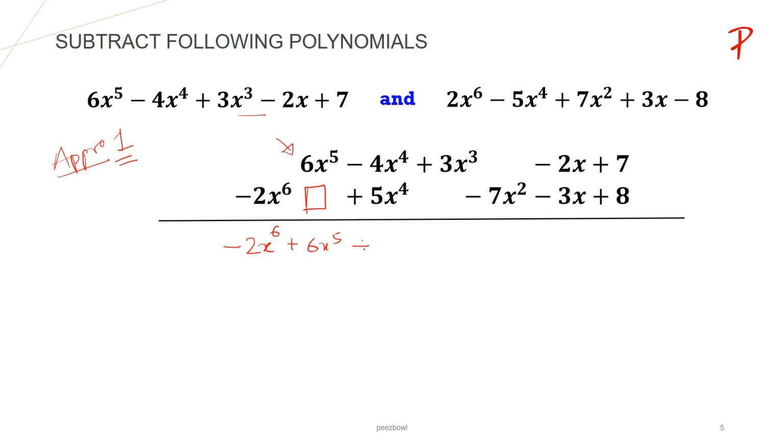Then we had plus x to the power 4 plus 3x to the power 3 because we do not have anything to add here in the second polynomial. Then minus 7x square, this term is missing in the first polynomial. Then minus 5x and 15. This is the answer. Okay, so hope you understood how to subtract two polynomials using two approaches.